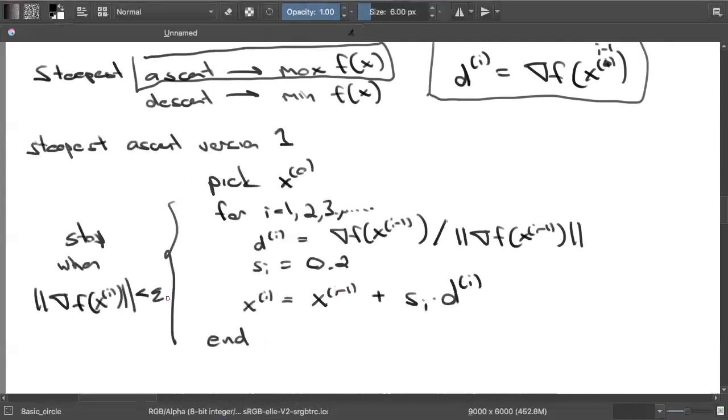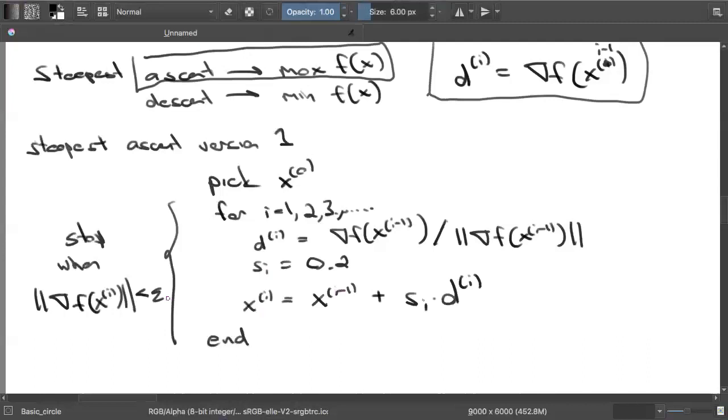Maybe Baltimore's a better example. What would be a good example? Arlington. Yeah, go to Arlington, but you can only take 20-mile steps. It's hard. You kind of loop around. It sounds funny, but that's exactly the type of thing that can happen: you take these big steps and you end up jumping around because you can't get close to the minimum.